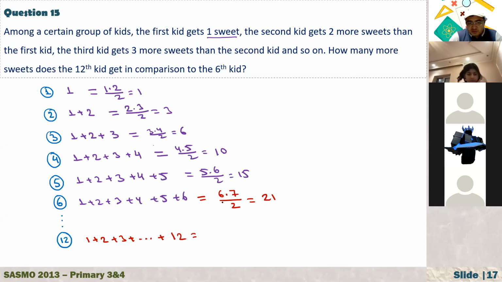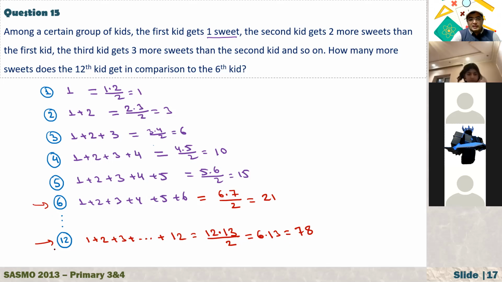We just use this formula. The last number is 12. After 12, we have 13, over 2. And 12 over 2 is 6, times 13. That's equal to 78. That means the 6th kid gets 21 sweets.